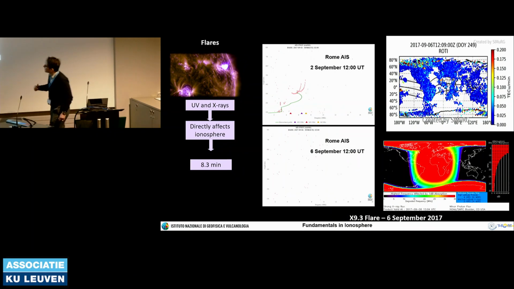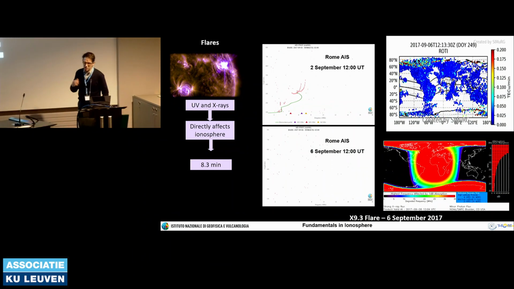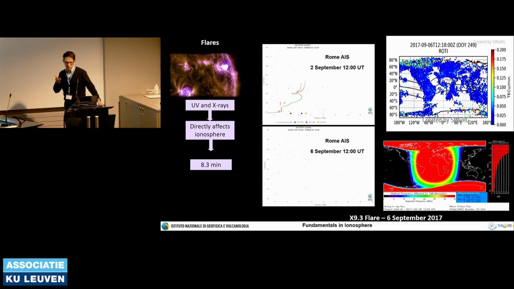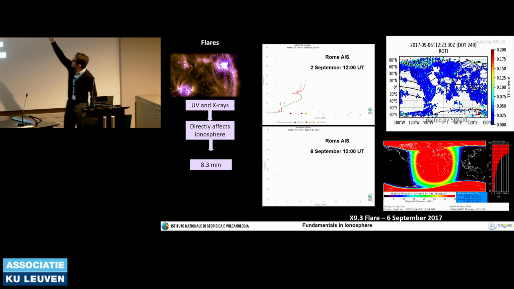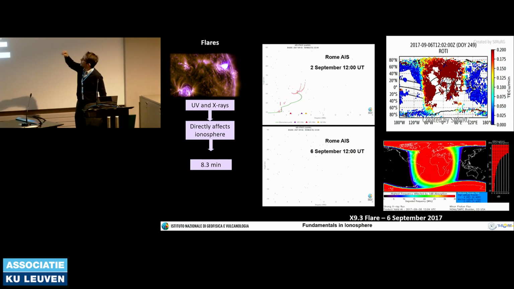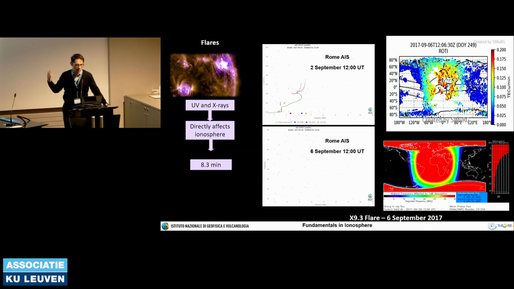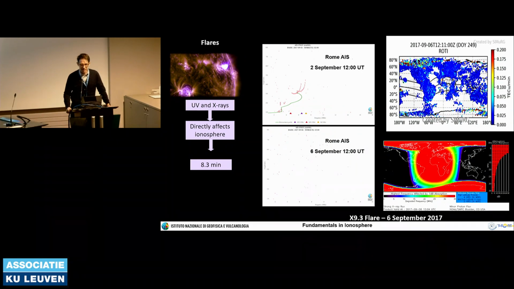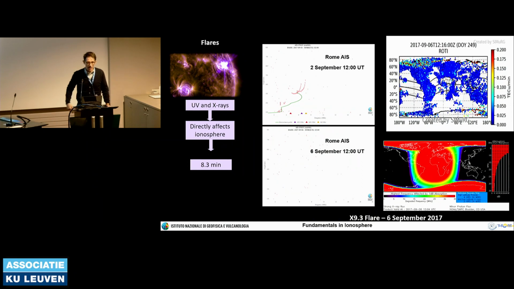If you use an HF radar called an ionosonde, you may reconstruct the bottom side of the ionosphere up to the peak layer, and on the top plot you will see a typical ionogram. It's a good ionogram from an ionosonde located in Rome, and this is exactly the same ionogram during the flare.